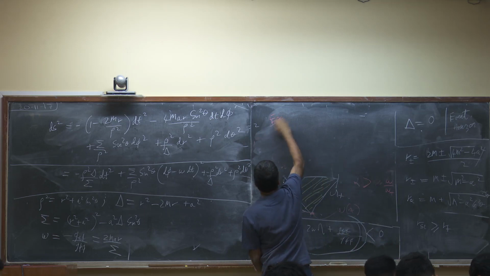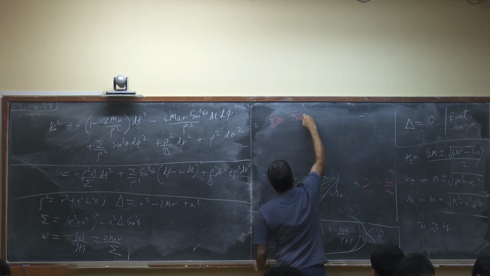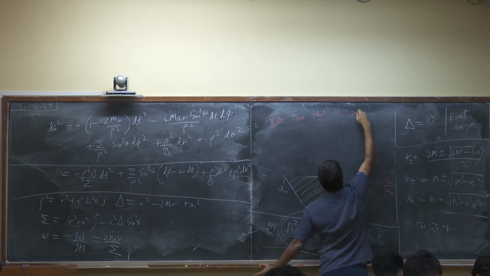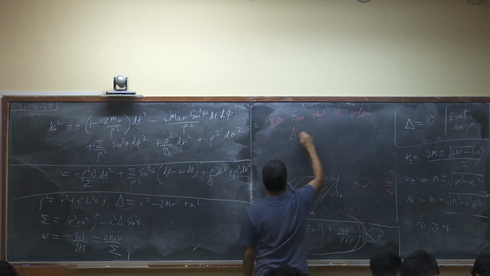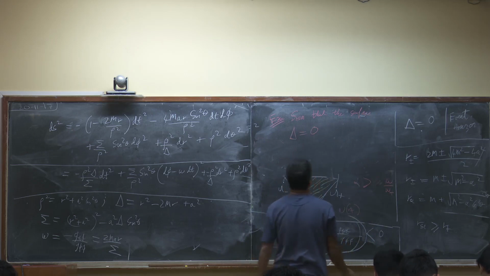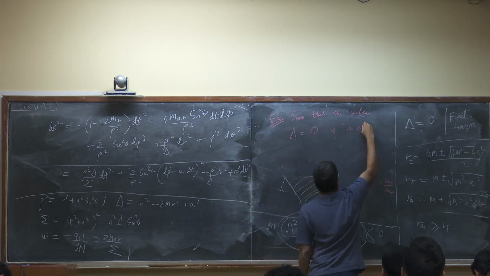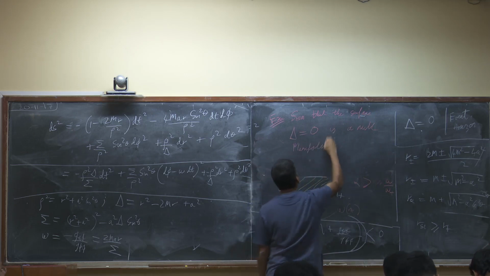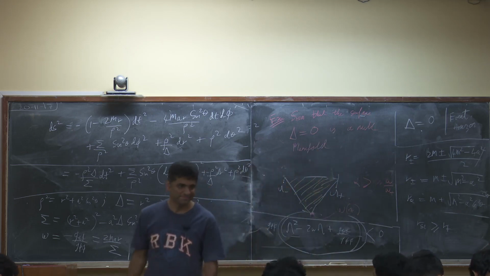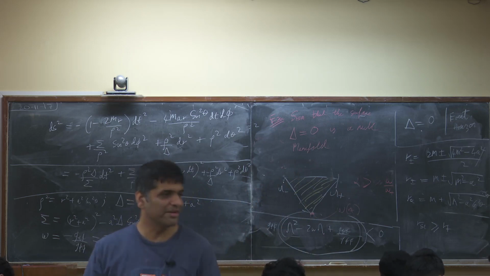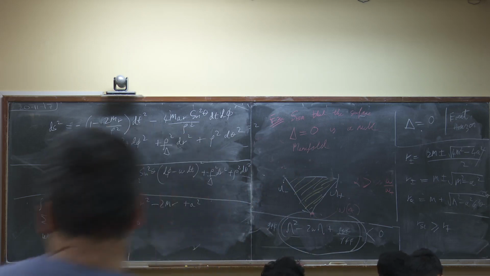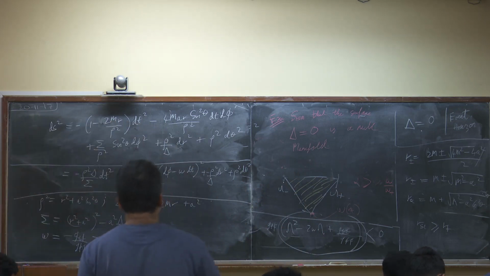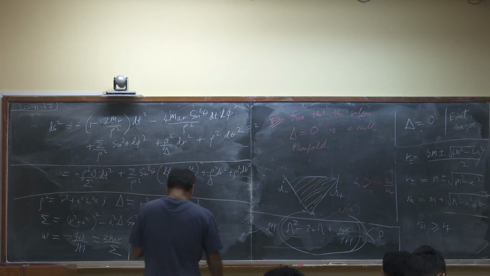Exercise: show that the surface is a null manifold, which had to be the case if it was really the event horizon. This cements our identification of delta equals 0 with the event horizon.